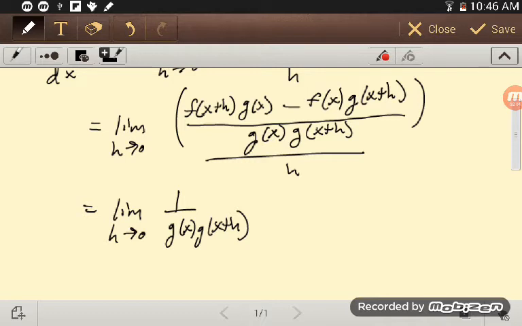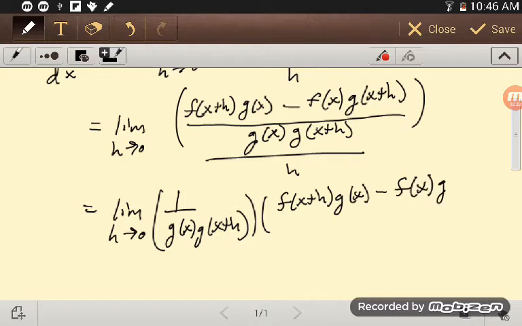And then this other part, so I have that part, and then the f of x plus h g of x minus f of x g of x plus h all over h.